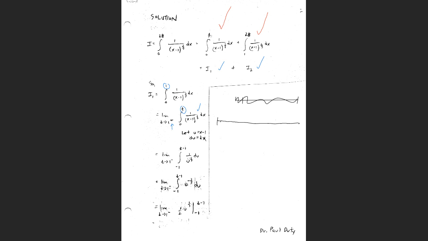Okay, here's an interval from 0 to 28. And this is not drawn to scale, but since your first integral goes from 0 to 1, how would you have to approach 1?